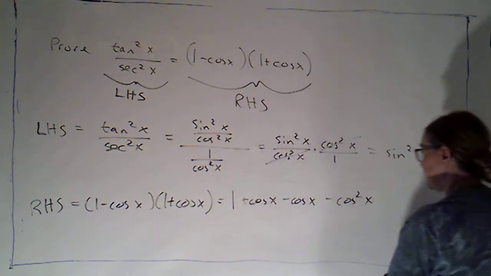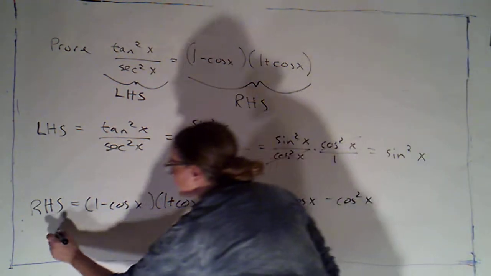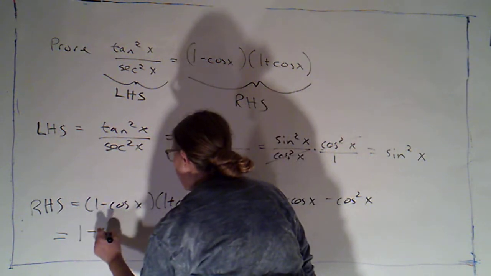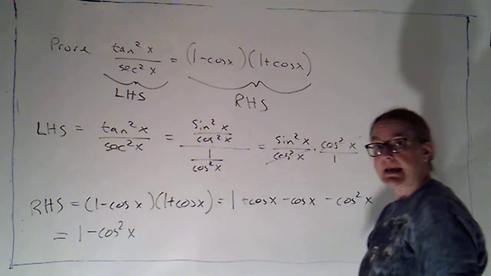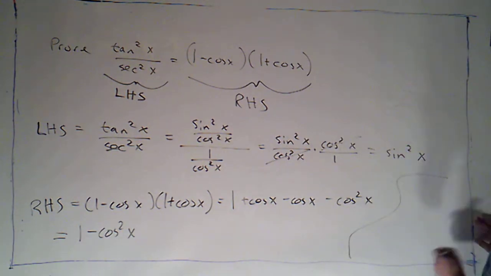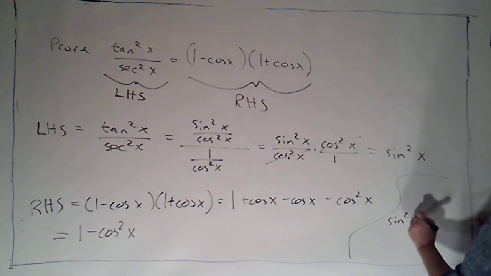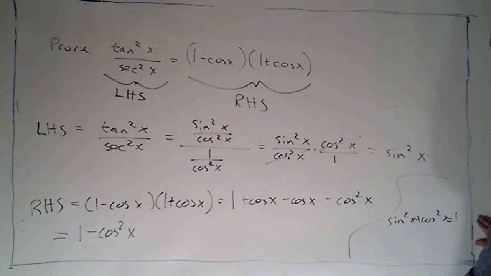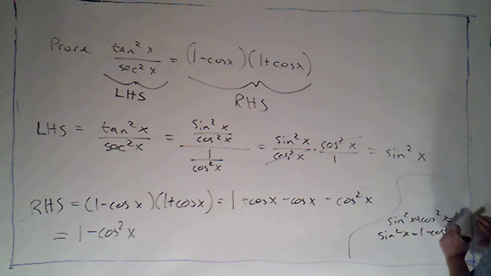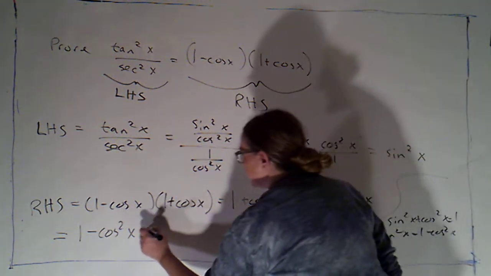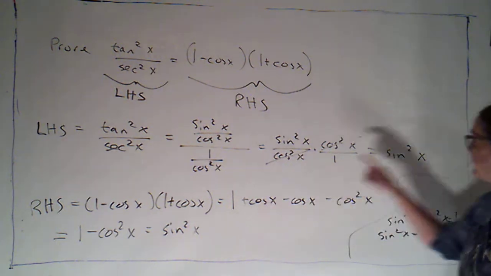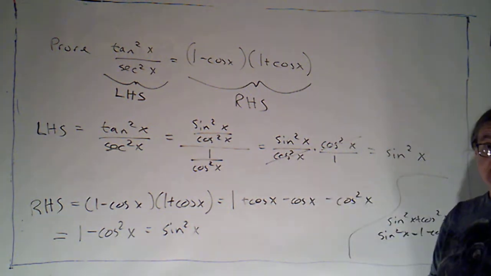These cancel, so that's going to give me, notice I'm still connecting it with an equal sign, just 1 minus cosine squared x. And I recognize from my Pythagorean identity, if I need to write it out off to the side, I can. Remember, sine squared x plus cosine squared x equals 1. And so that means that sine squared x is 1 minus cosine squared x. So I can say, hey, that's sine squared x. So I've simplified it to the same thing that I simplified the left-hand side to.